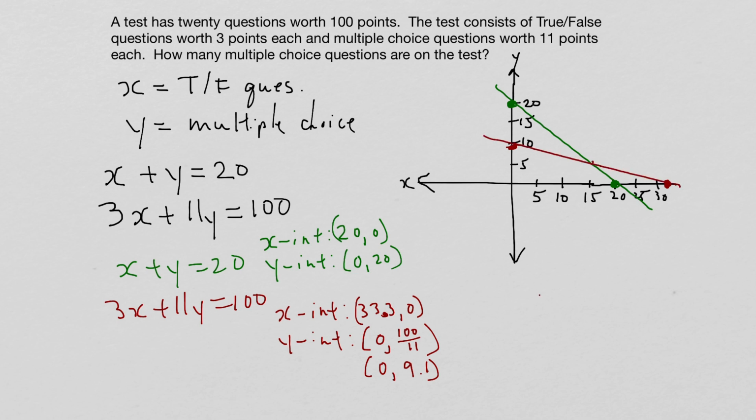Okay, the point of intersection, which is right here, that I've shaded in black, that coordinate is 15, comma 5. Okay, 15 is our x value, 5 is our y value.